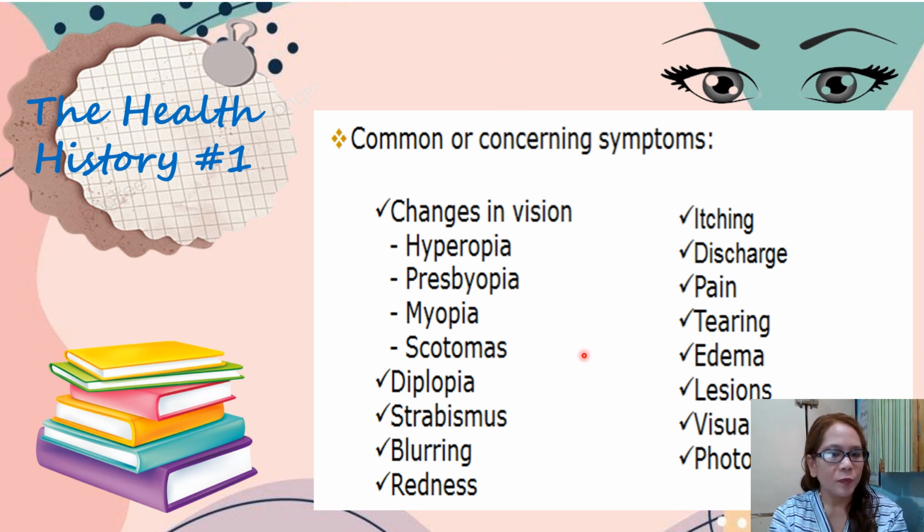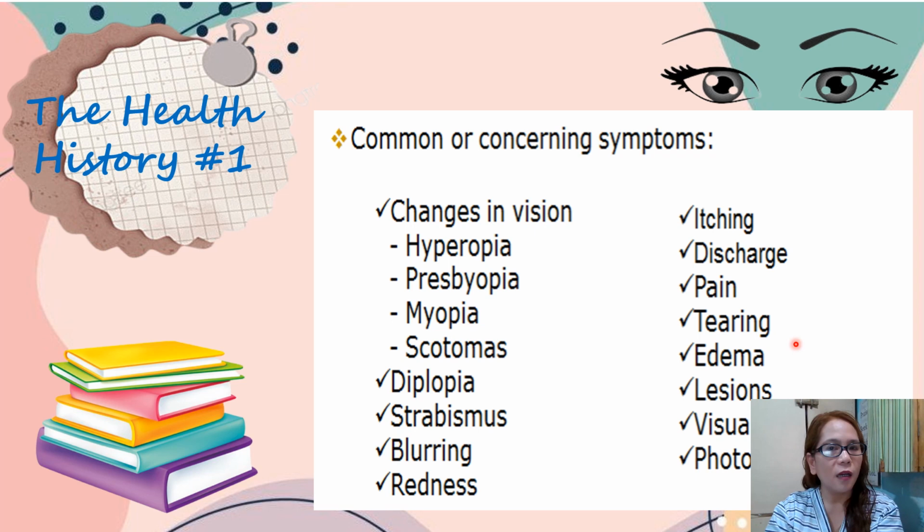Okay? So, blurring. Okay, maybe may opacity of the lens, blurry of vision, or nawala yung linaw, no? Redness of the eye, itching, discharge, pain. Naku, baka may glaucoma na, no? Kasi pain, may increased pressure, increased intraocular pressure.